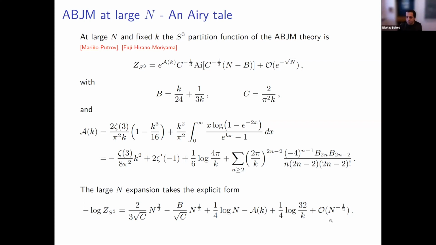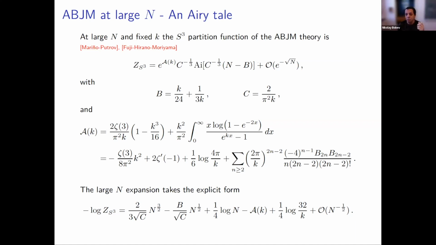Notably, one thing that was a long time ago, I guess, a confusion, or we didn't understand why this happens, is that you begin with a theory where the fundamental degrees of freedom are n by n matrices. This is a gauge theory of adjoint and bifundamental fields. So everything is an n by n matrix. So naively, you should expect that every thermodynamic observable, like the free energy, should scale as n squared.